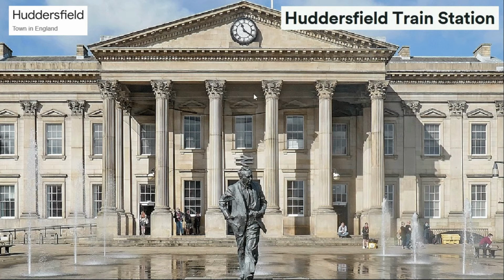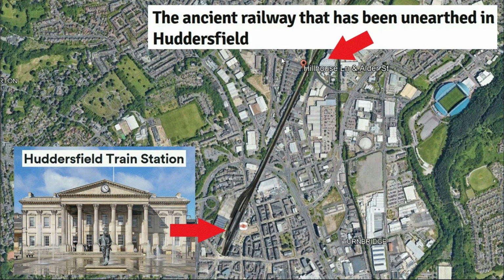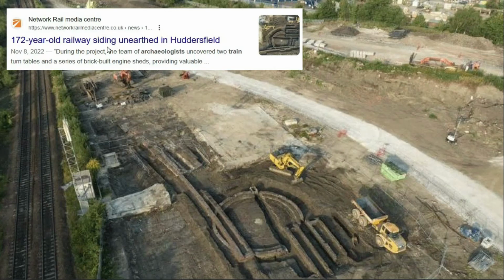And this is an image from the 1880s showing the same train station. More recently, they actually uncovered another bit of railway history, and what they uncovered was another one of these railway turntables.